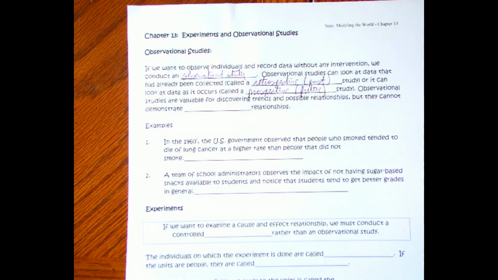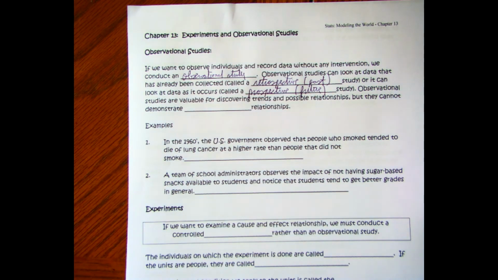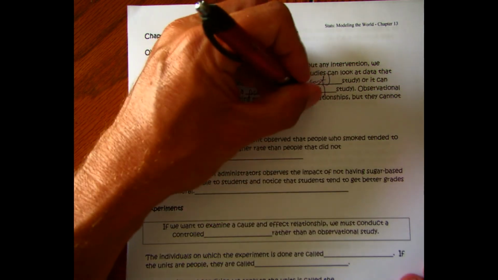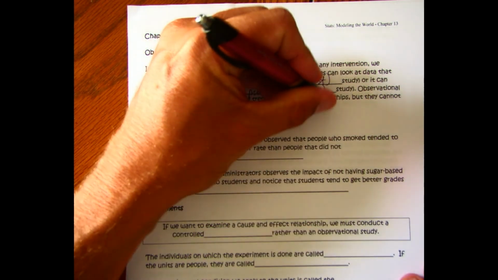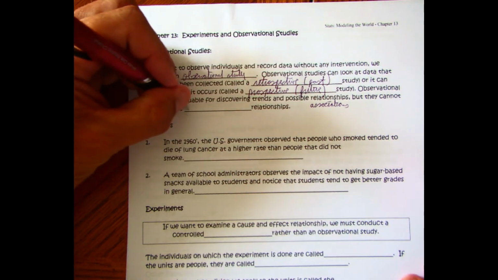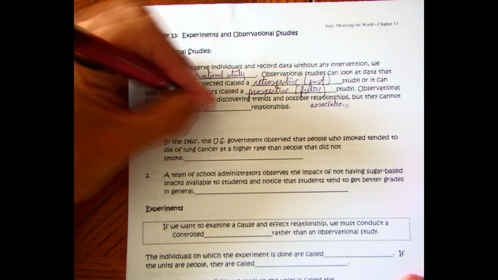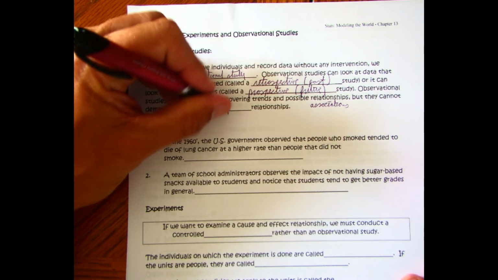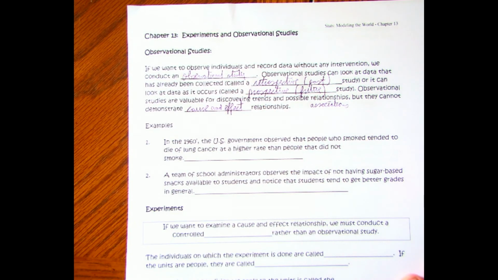Observational studies are valuable for discovering trends and possible relationships, also called associations, but they cannot demonstrate cause and effect relationships. Okay?